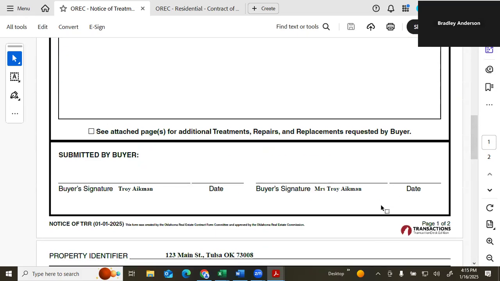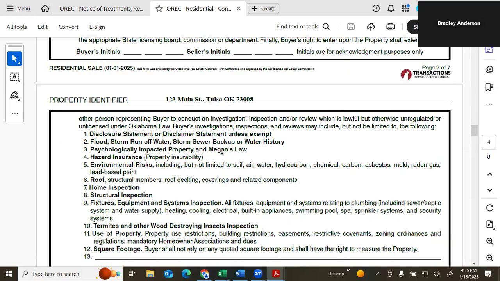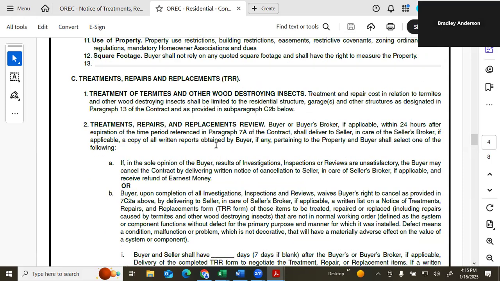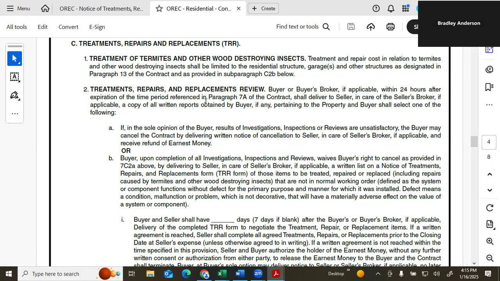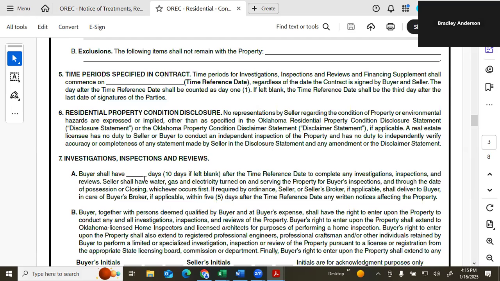So let's go back to the residential contract and talk about the section that speaks to TRRs. So it addresses the treatment of wood destroying insects first, right? But then it says treatments, repairs, replacements, and review. Buyer and or buyer's broker, if applicable, within 24 hours after the expiration of the time period referenced in 7A, right here.